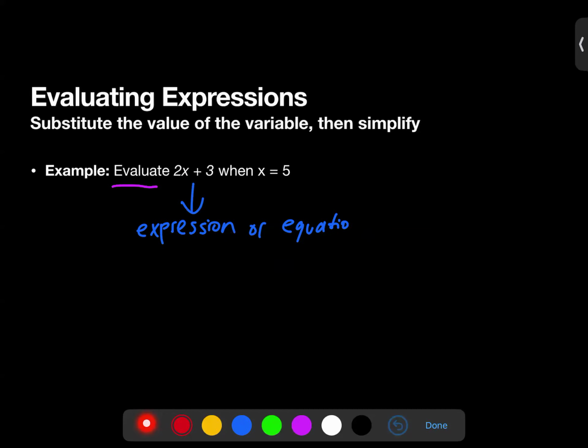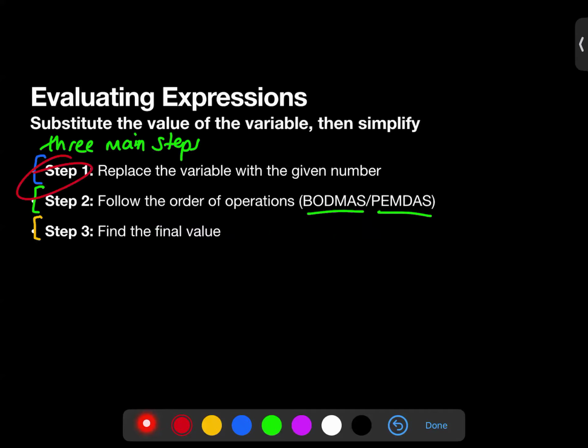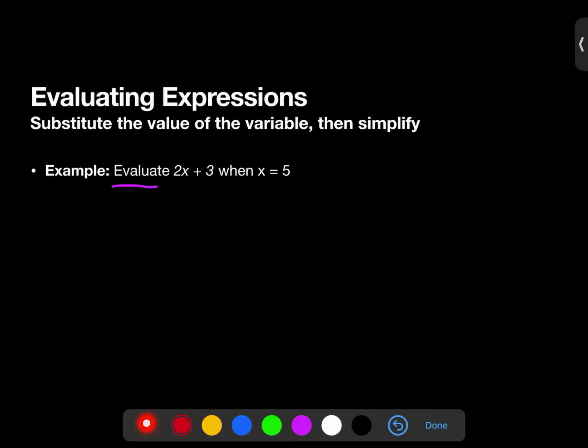Good. So remember, the first step here was to replace the variable with the given number. So the given number is x equals 5. Remember, x is our variable. So we'll replace the x with 5.